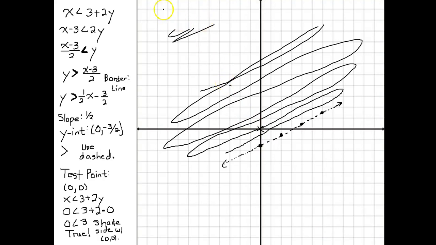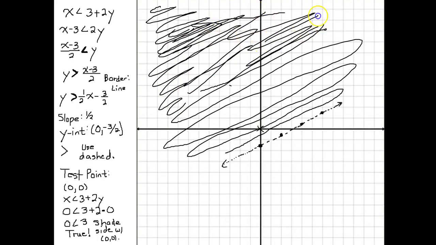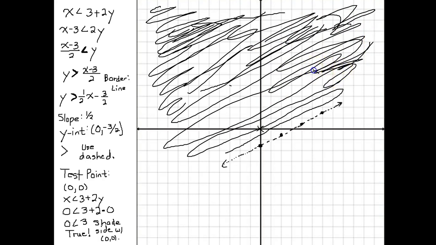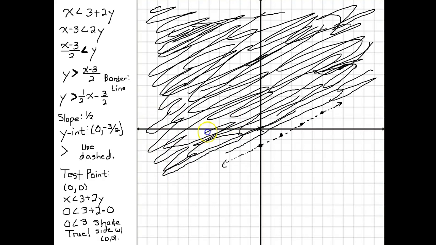Now in my math lab, it's usually set up to where you just click the side you want to shade, and it goes ahead and shades it for you. But you have to know which side that is. So you've got to make sure you've done the problem correctly so that you can get the correct side shaded. And guess what, folks? If you're using a graphing calculator, especially an older model like a TI-83, again, you have to know which side to shade because the calculator doesn't figure it out for you.